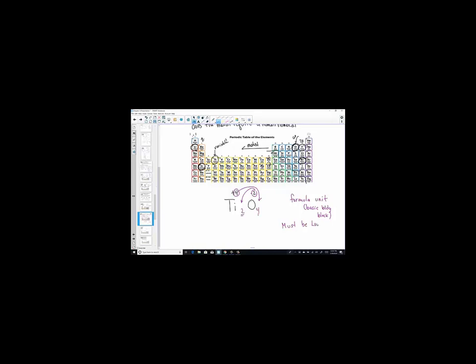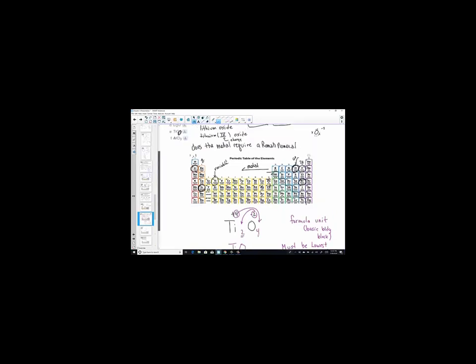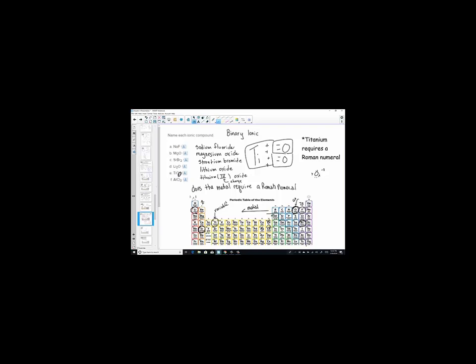In order to be correct, they must have the subscripts in the lowest ratio possible. So instead of having a 2 and a 4, they simplified that to a 1:2 ratio. It's still named titanium 4 oxide because that titanium's magnitude of charge is +4. Okay, that was a good one. TiO2, properly named titanium Roman numeral 4 oxide.